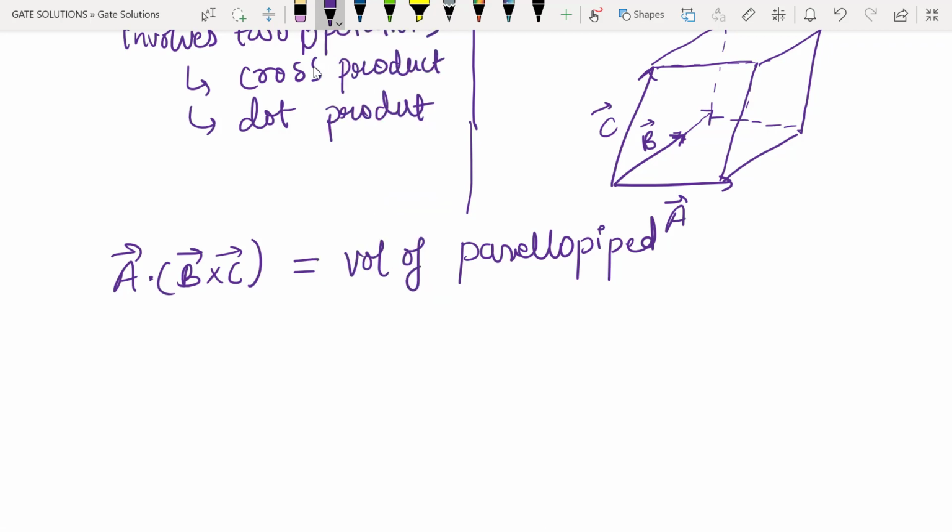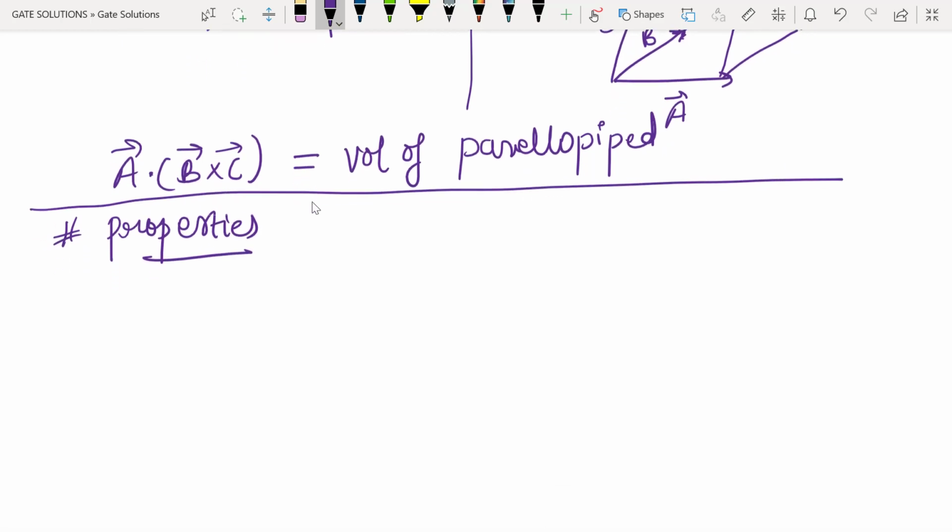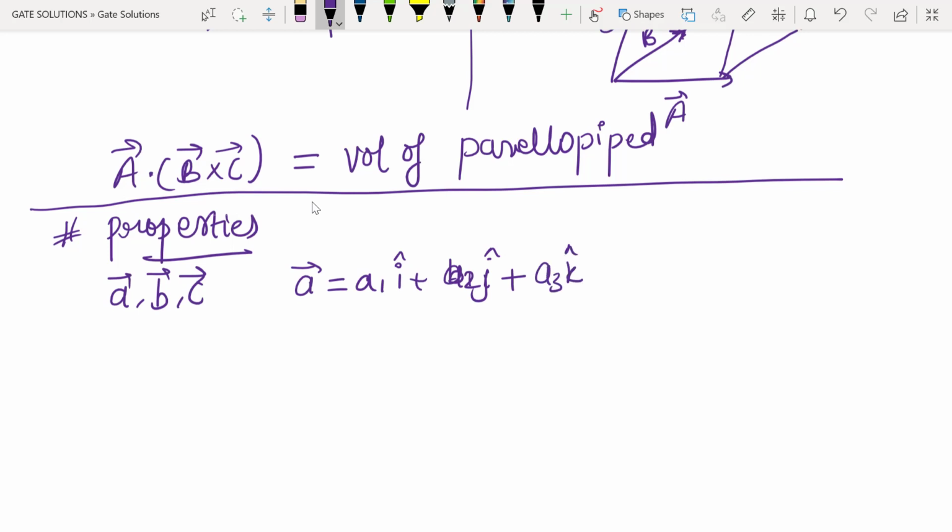Now we will look at some properties of this scalar triple product. Properties: if A vector, B vector and C vector are given as A vector is equal to A1 i hat plus A2 j hat plus A3 k hat.